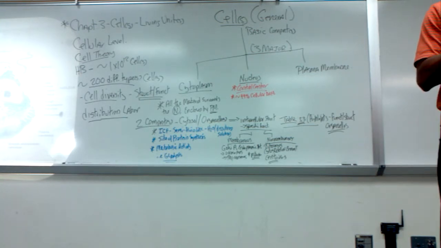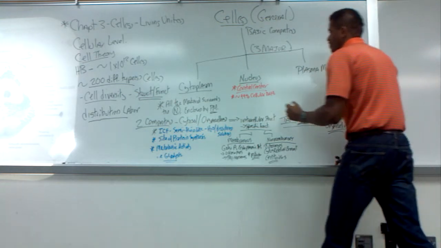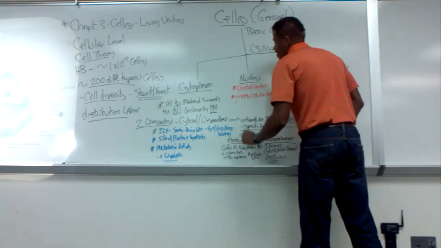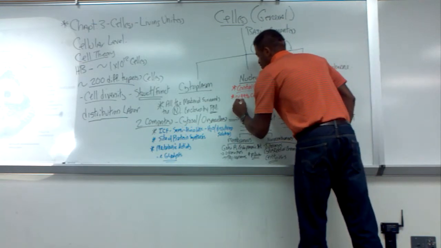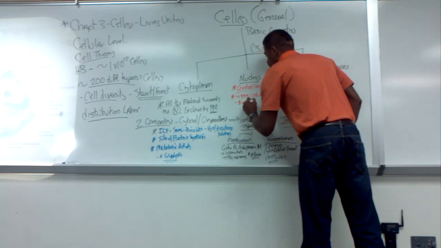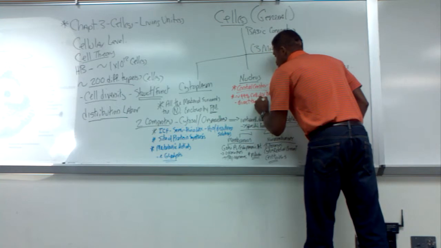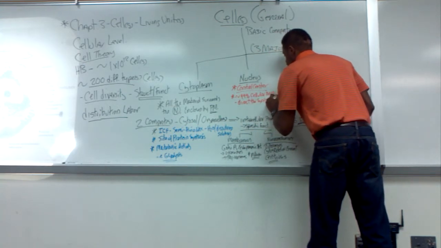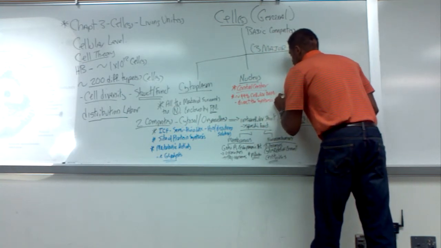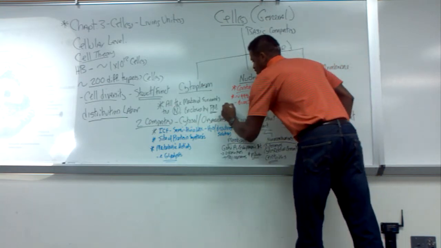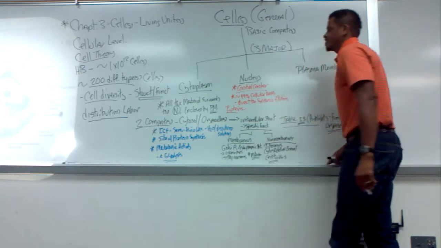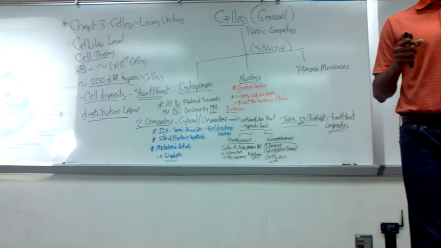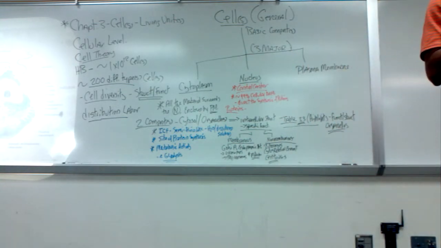So we call it the control center because it houses the genetic material of the cell, and it will direct the synthesis of our proteins. When we think about our proteins, the proteins of the cell play a major role in determining the structure and the function of the cell.